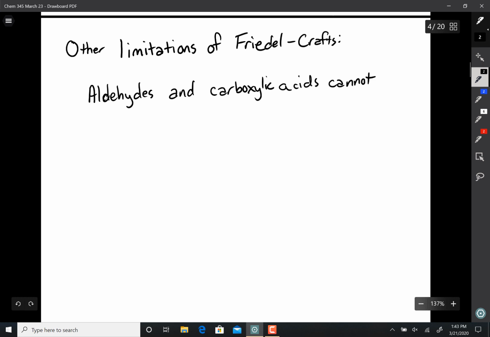Aldehydes and carboxylic acids cannot be made directly using this chemistry.